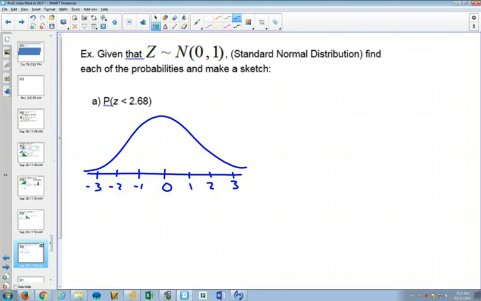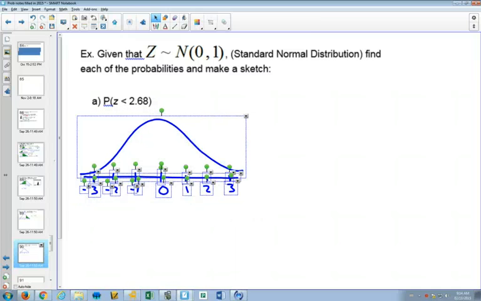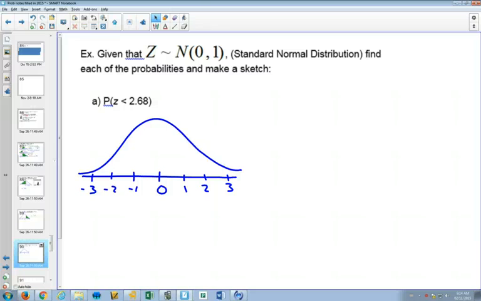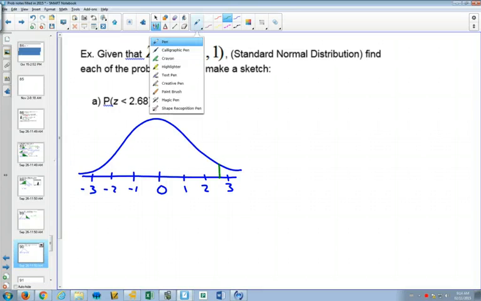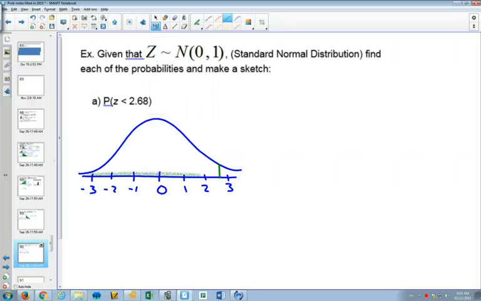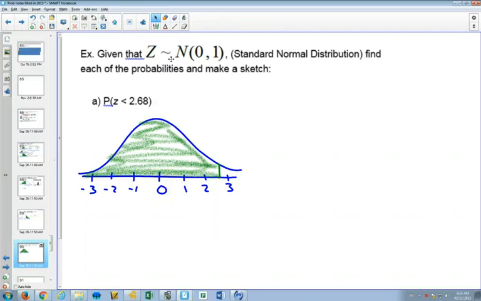We want to find the probability is less than 2.68. So we go to 2.68, estimate where that is, shade in what we want to find. Go to our calculator.